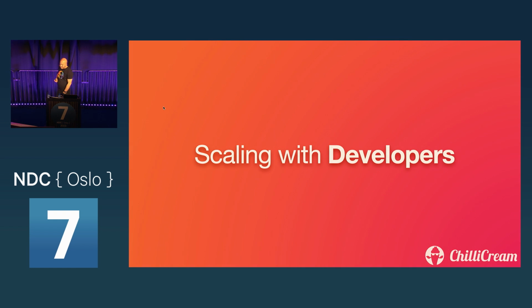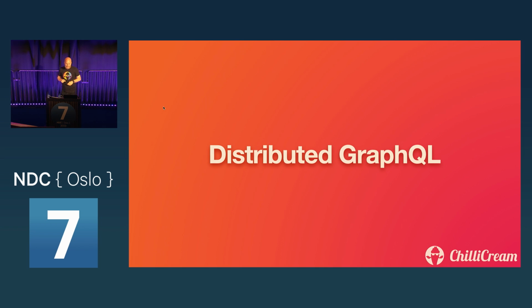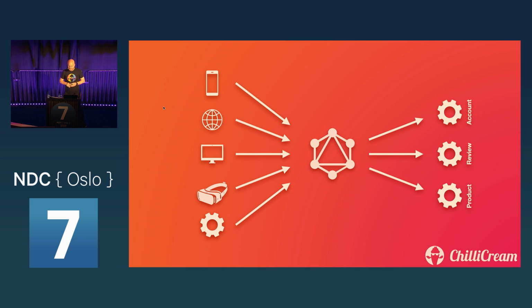Okay. The main concern that really brought in distributed GraphQL then was scaling developers, or scaling our project with developers. And this is really where we talk about distributed GraphQL. It's not only scale, we can scale much better with distributed GraphQL, but it's really scaling with developers.